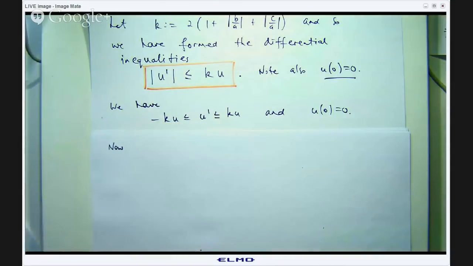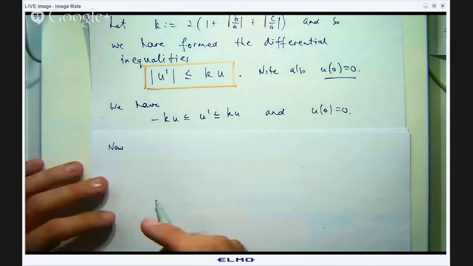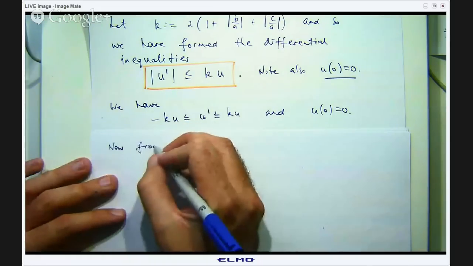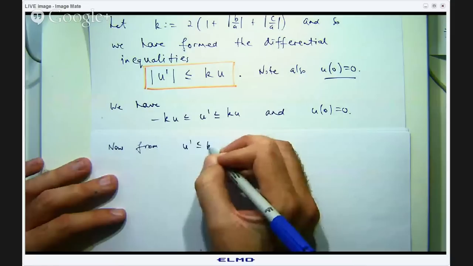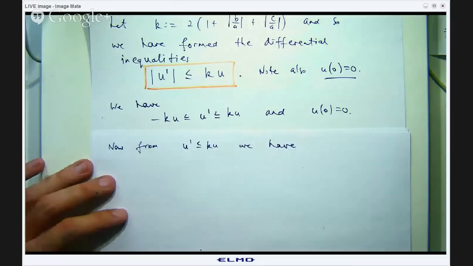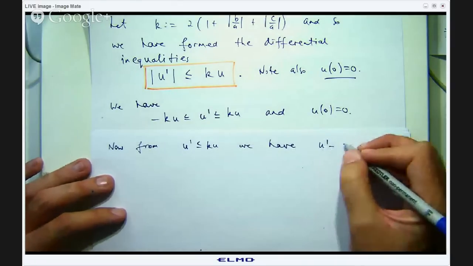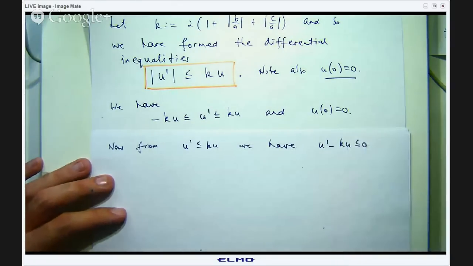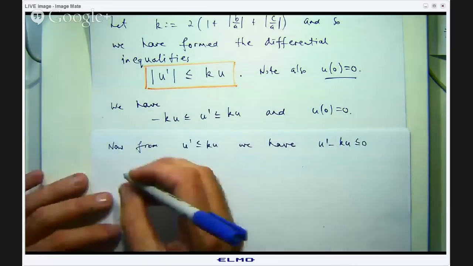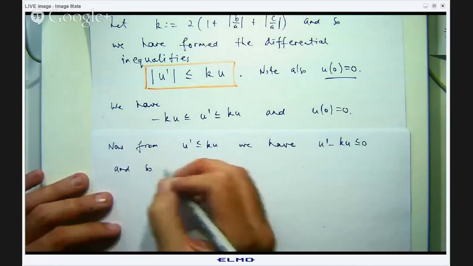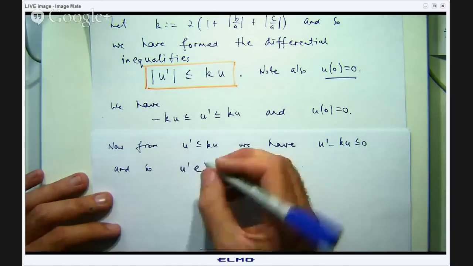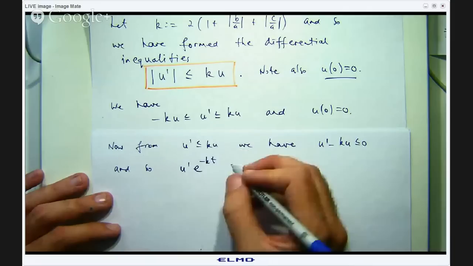So let's discuss that, and we've almost finished the proof now. Let's take the right-hand inequality, and let's rearrange it, and let's multiply through by the usual integrating factor. The integrating factor for this one would be something like e to the negative kt.